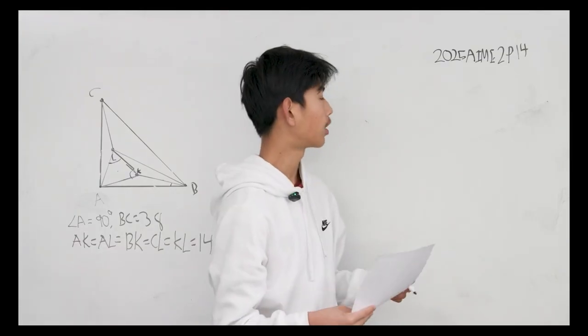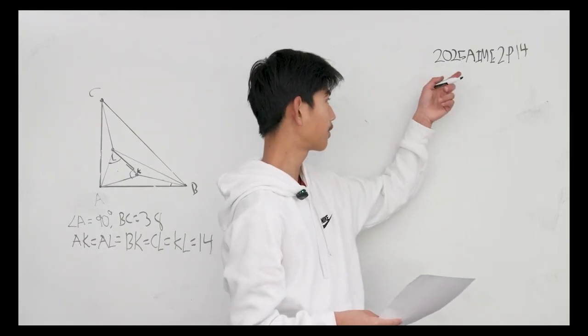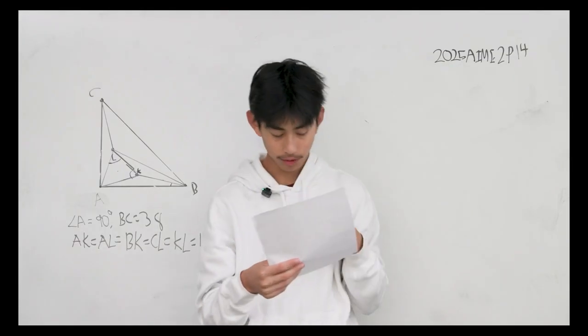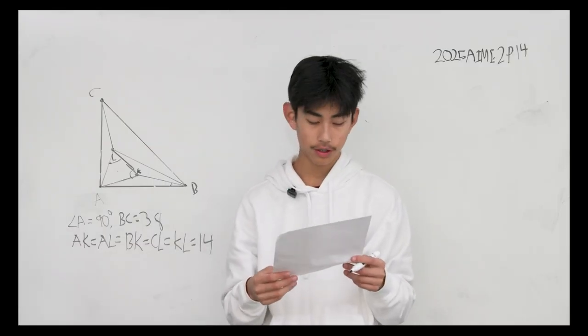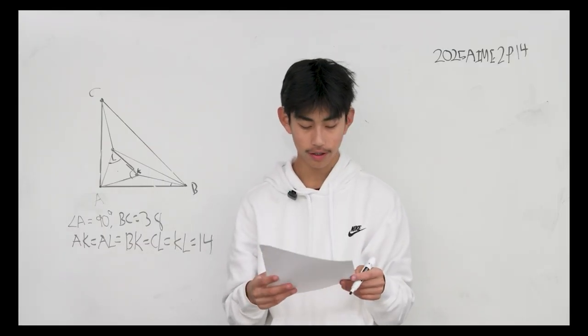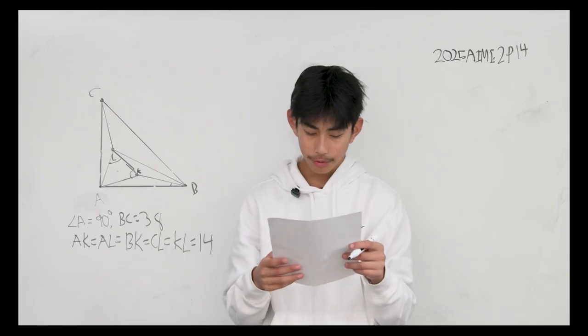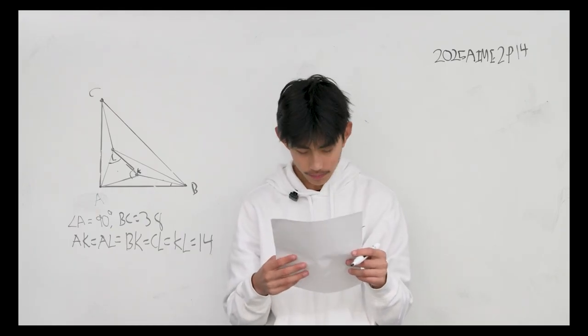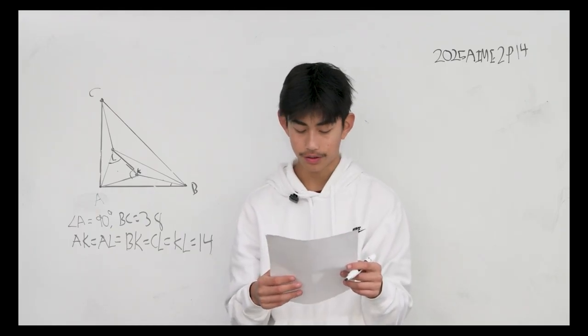We're solving problem 14 from the 2025 AMC 12. The problem reads, let triangle ABC be a right triangle with angle A equals 90 degrees and BC is 38.